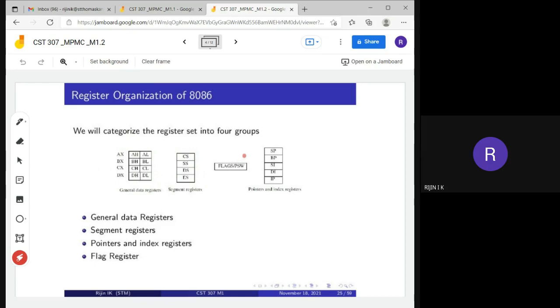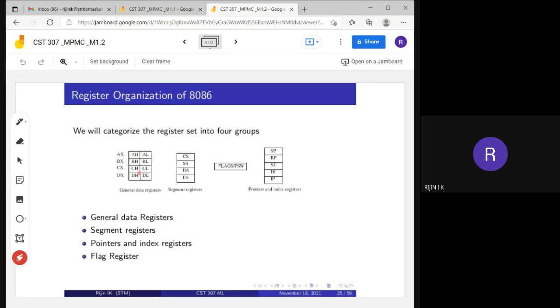Then the next is the flag register, flags or PSW, program status word. That is another group. Then the last one is pointers and index registers. So these are the 4 different types of registers used in the 8086.